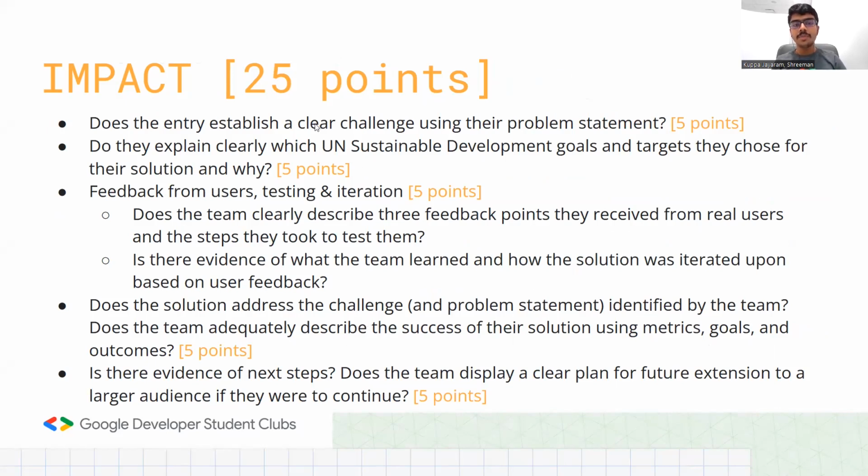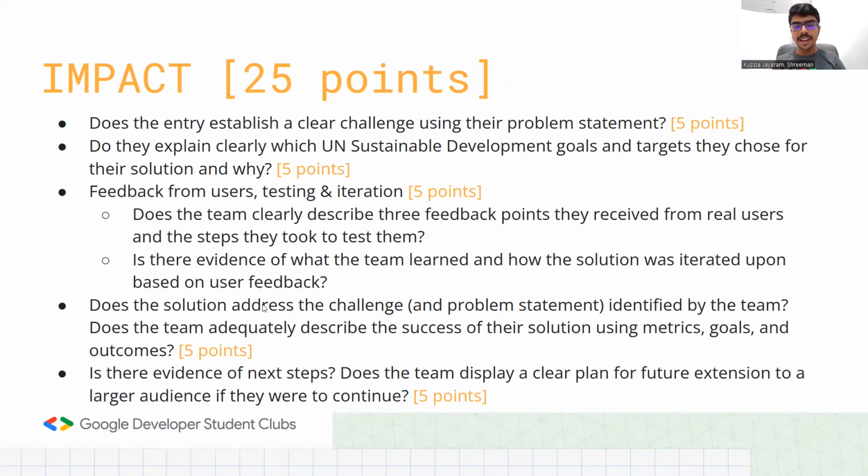First of all, it has to establish a clear challenge, and then it has to explain why you chose a certain sustainable development goal and the targets that you chose for your solution. You also need to ensure that you have feedback from the users, whether it be a client or someone else who uses the app and gives you feedback.